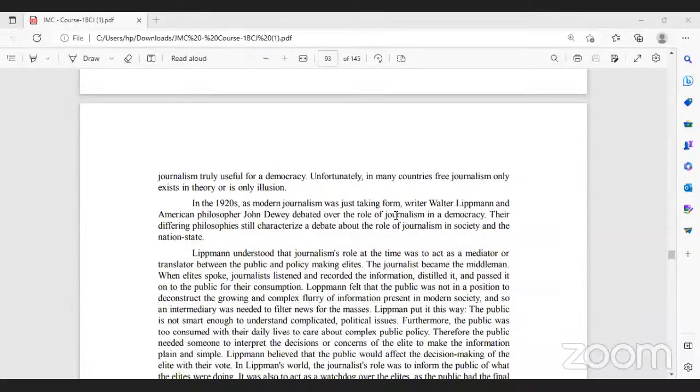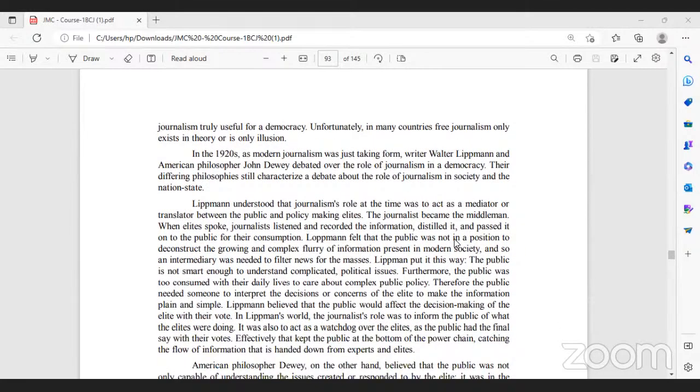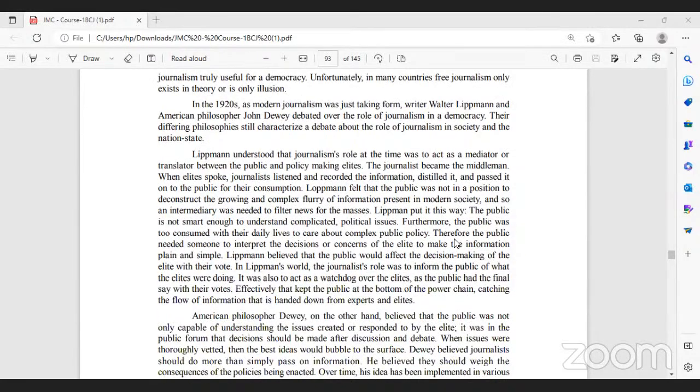We also see that Walter Lippmann, an American philosopher, and John Dewey debated over the role of journalism in a democracy. Their differing philosophies characterize a debate about the role of journalism in society and the nation state. Lippmann understood that the journalist's role at the time was to act as a mediator or translator between the public and policy-making elites.